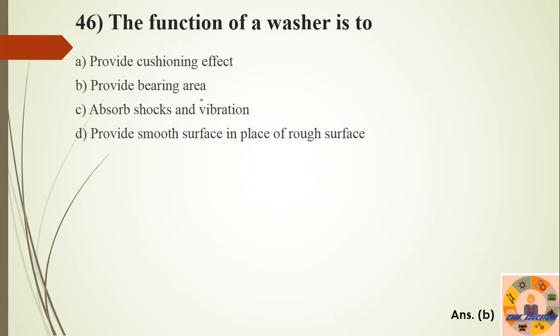So a washer is a hardware component used with fasteners to ensure tightness of a joint, also distribute stress and provide support for large clearance. So the right option for this question will be option B, provide bearing area.